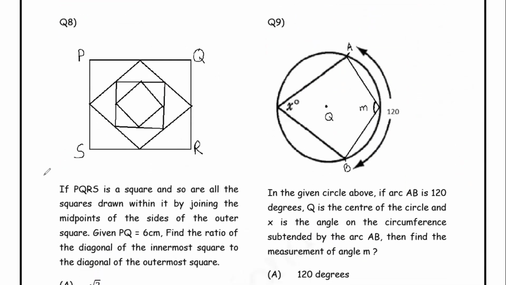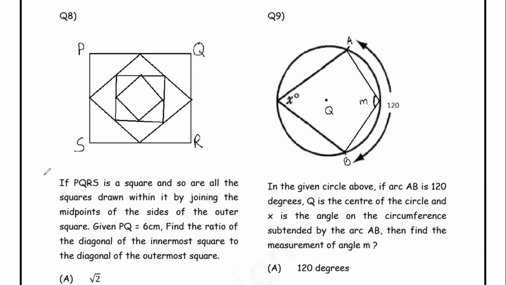Question 8. If PQRS is a square, and so are all the squares drawn within it by joining the midpoints of the sides of the outer square. So these are the midpoints, and by joining them, we are forming squares inside.